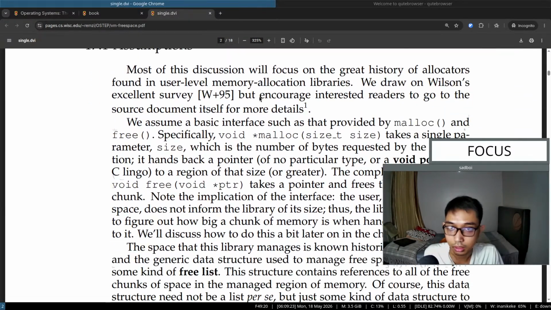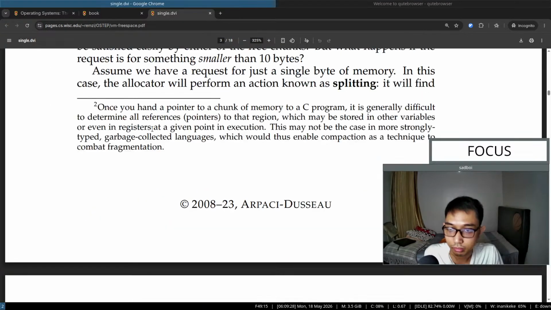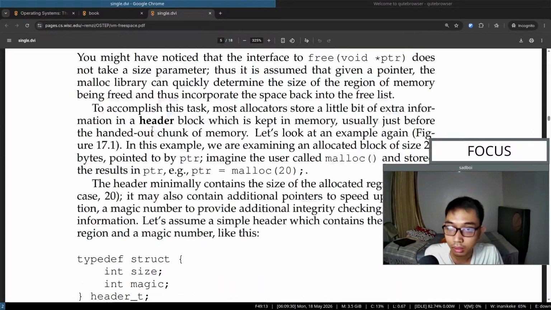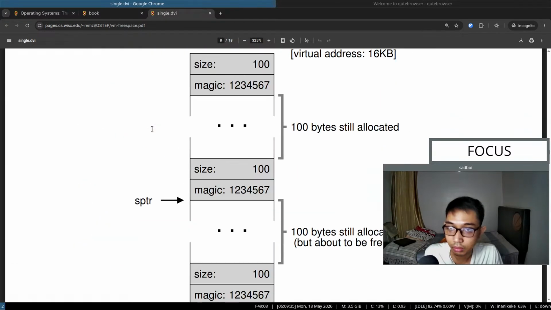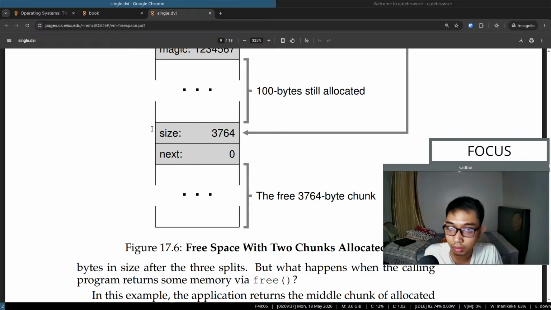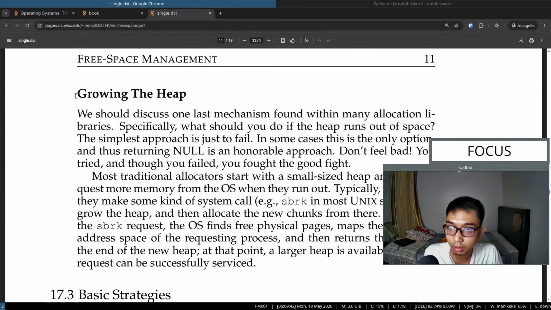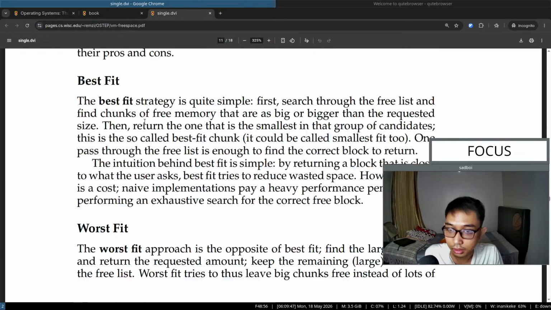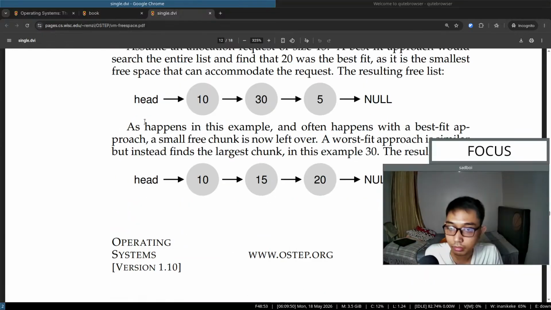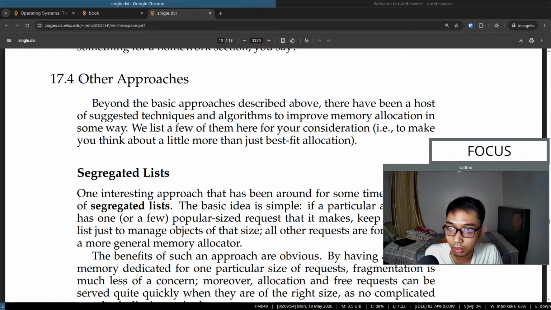We already took a look at the level mechanism, and we have to take a look at basic strategies too. Okay, and then let's take a look at other approaches.